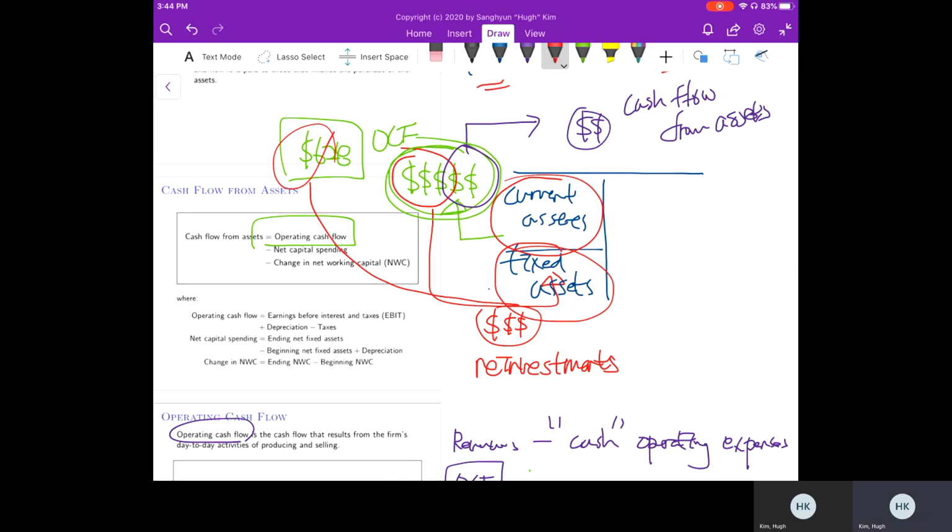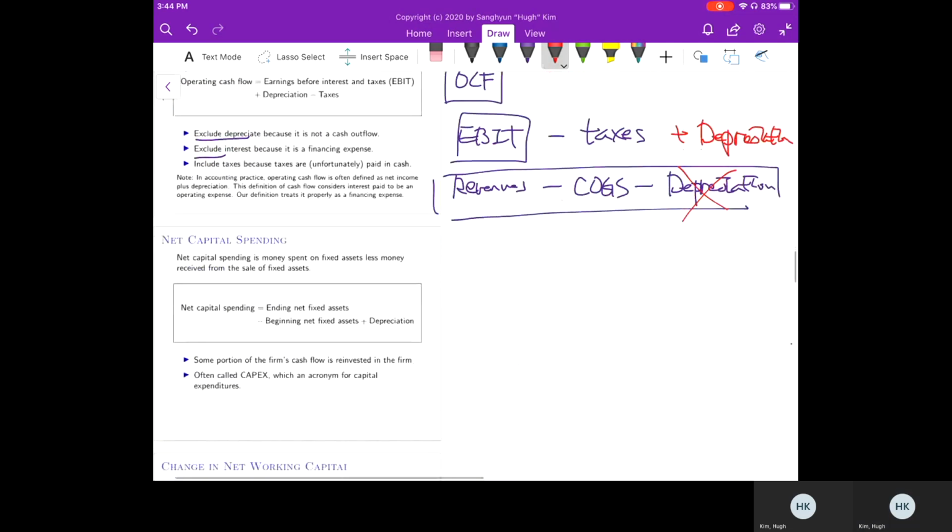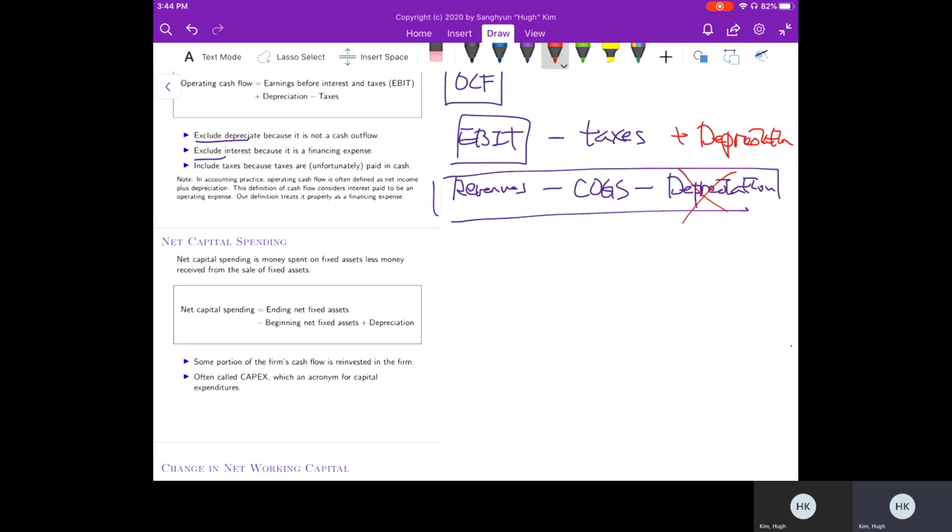So let's consider investing in fixed assets first. Investing in fixed assets is called net capital spending. So net capital spending is simply money spent on fixed assets less money received from the sale of fixed assets. So we can start by looking at the change in net fixed assets.